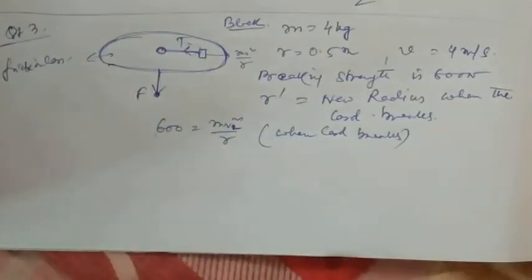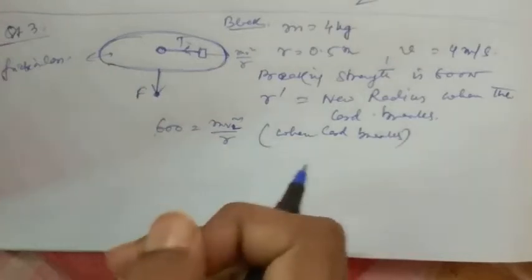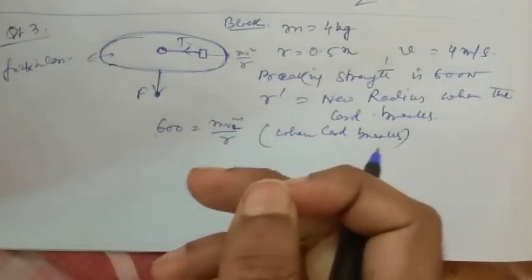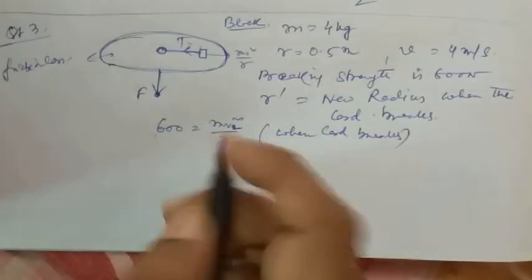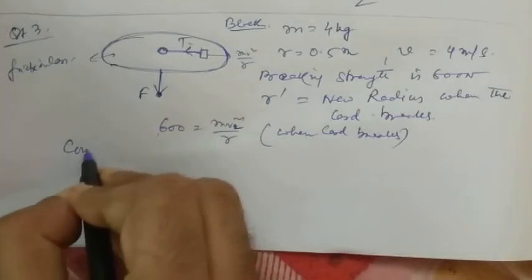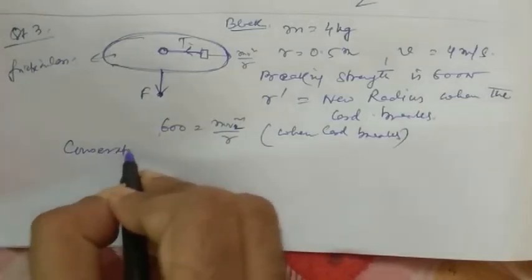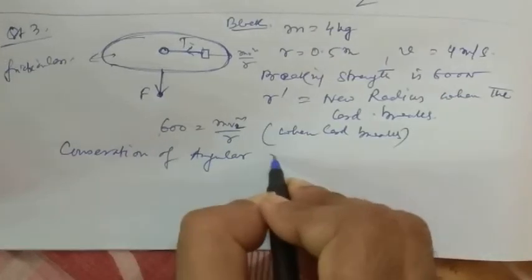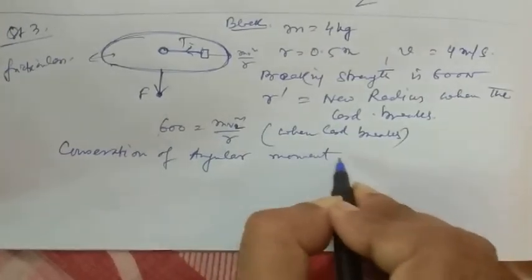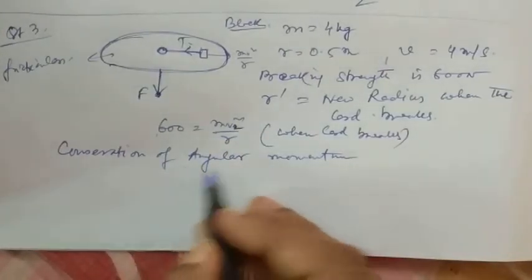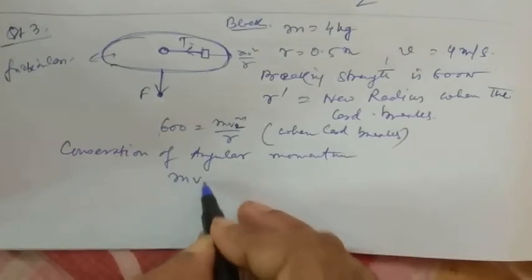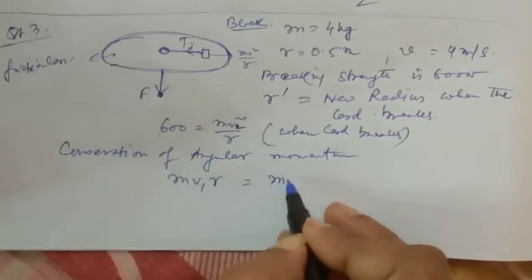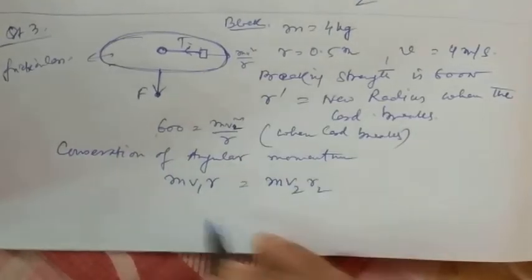Now in the process of shortening of the cord, what happens? The angular momentum remains constant. So from the conservation of angular momentum, we can say that mv1r is equal to mv2r2.